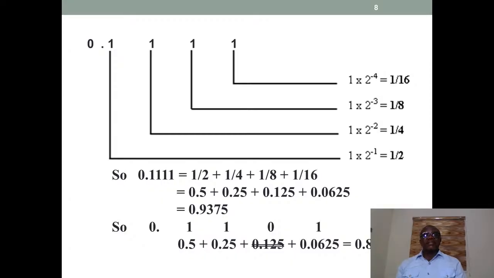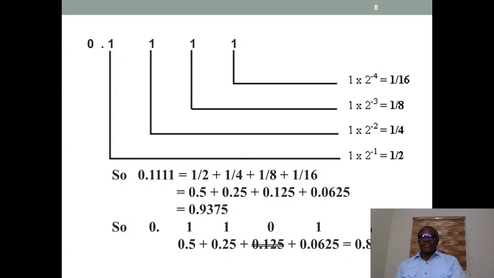The next one is 2 raised to power minus 1, which is 1 over 2. So the equivalent of this 0.1111, if you work it out, will give you 0.9375.